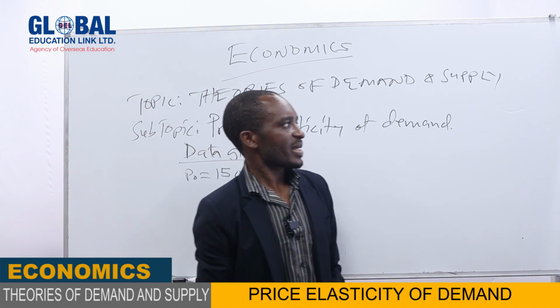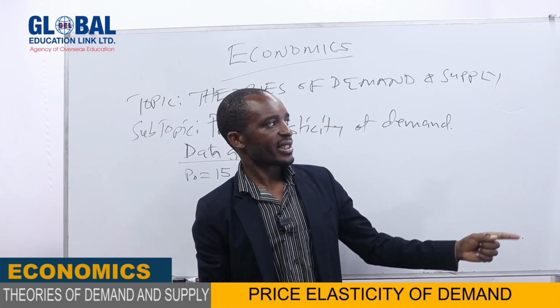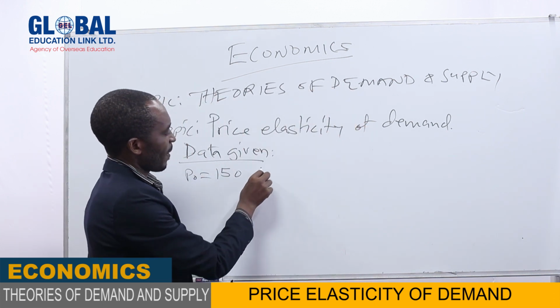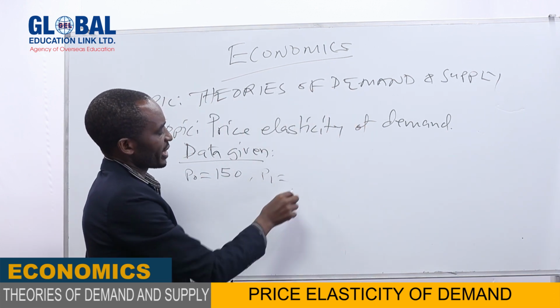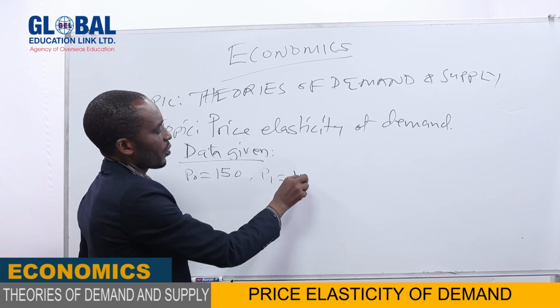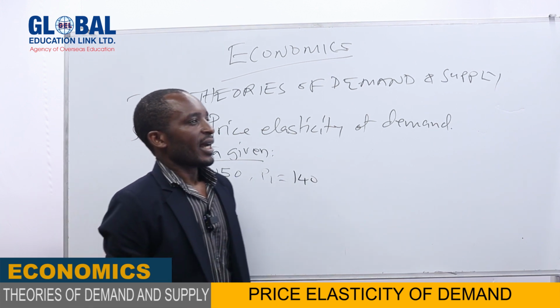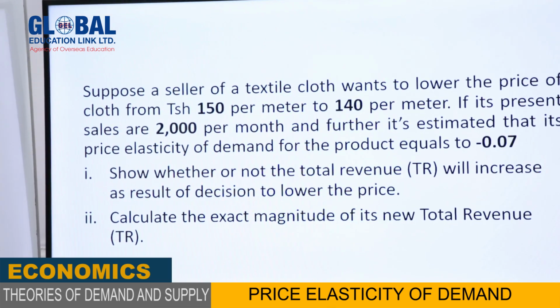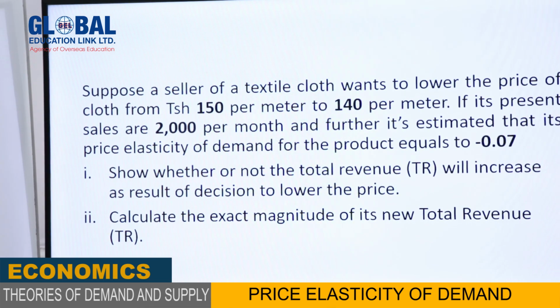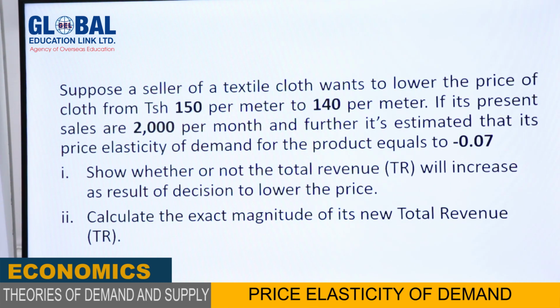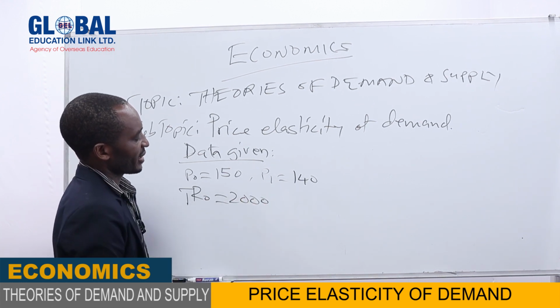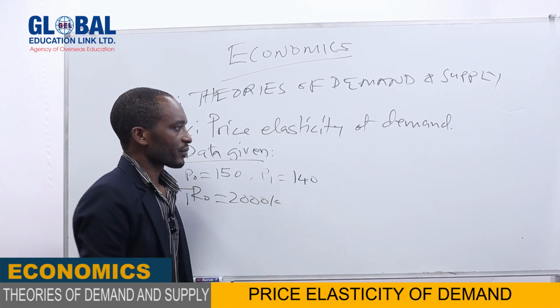Then the price decreased from 150 to 140. It means P1, which is the new price, will be 140. And we are given the present sales. It means the total revenue when the price is P naught is 2,000. So the original total revenue is equal to 2,000 shillings.